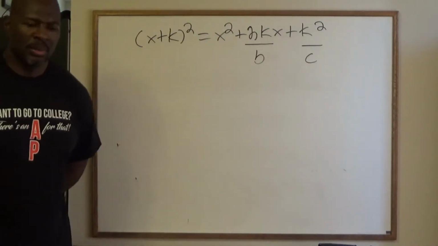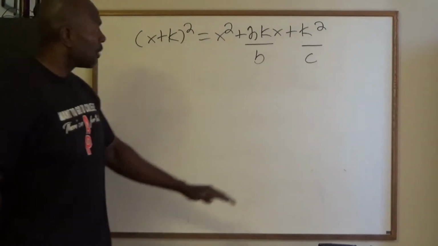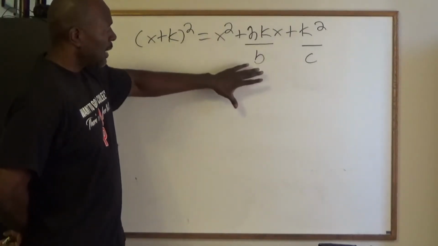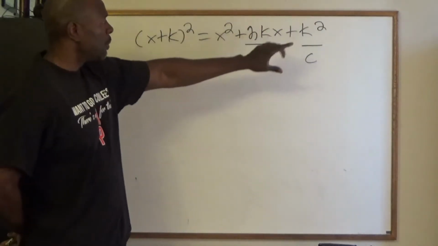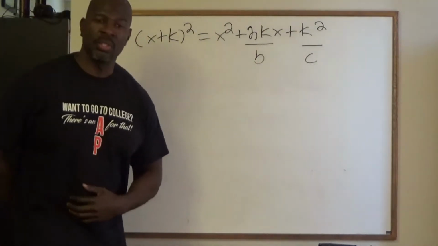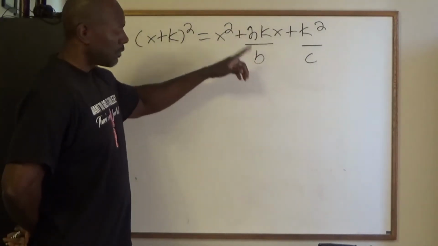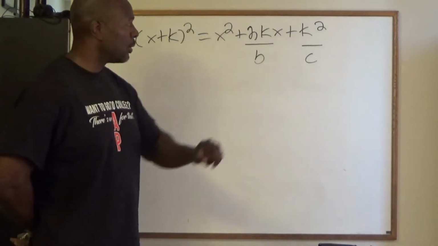What I have to do to the coefficient of x to get c is take half of it and square it. If I take half of 2k, I get k, and then square it, I get k squared. So the relationship between the coefficient of x and the constant in a quadratic trinomial perfect square is that if I take half of the coefficient of x and square it, I get the constant. That's going to be important.